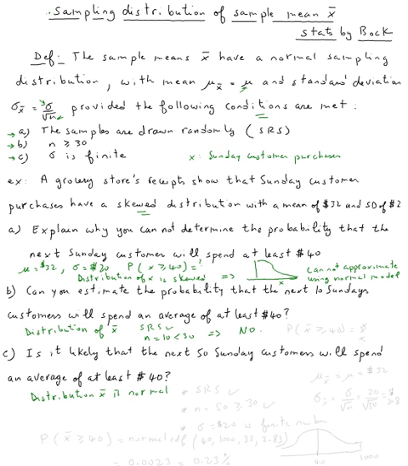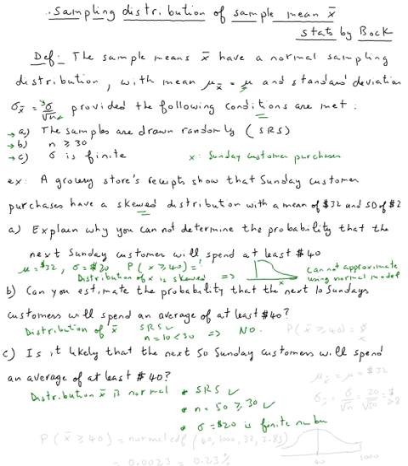We can assume SRS, the randomization. n is equal to 50. We don't have a problem because it's bigger or equal than 30. And we know that the standard deviation is $20, which is a finite number. So the answer will be yes.